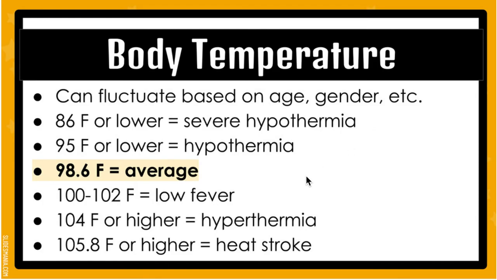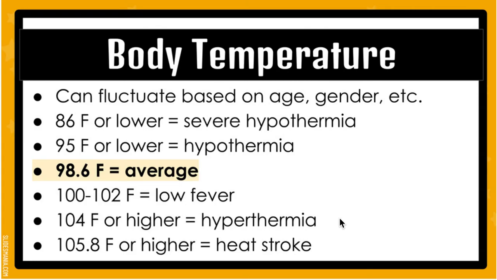Now, if we go on the other side, if it goes above 100 degrees Fahrenheit, that can cause a fever. During class, we had many people who shared how it feels to have a fever. Many people shared that they might have a headache, they might have shivers, chills, or a loss of appetite. All of these are symptoms that people feel when they have a fever.